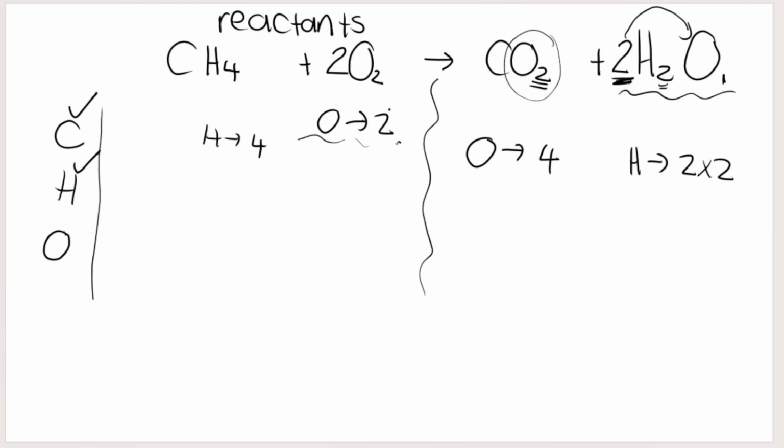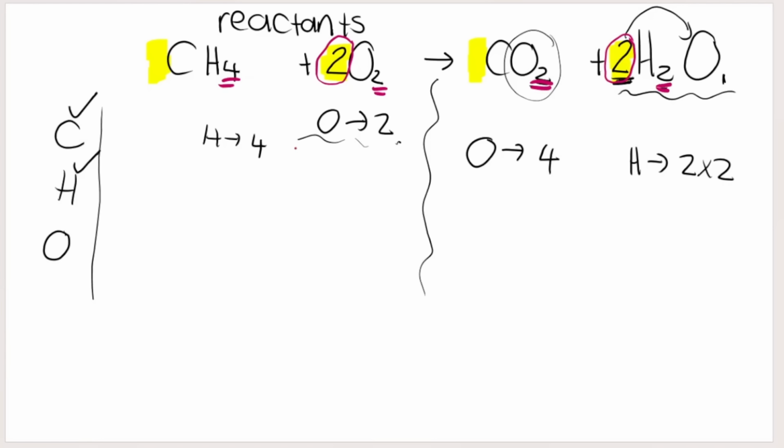And that's it. Just remember when balancing that we always change the coefficients if we need to. We never, ever touch the little numbers. Never. That's just a rule. This is because the big numbers affect the number of molecules or compounds.